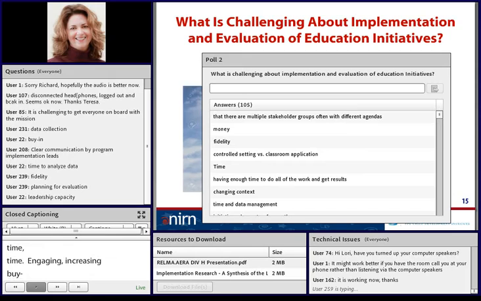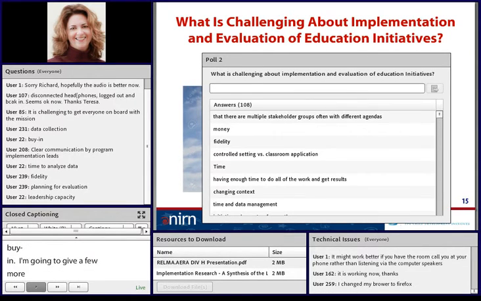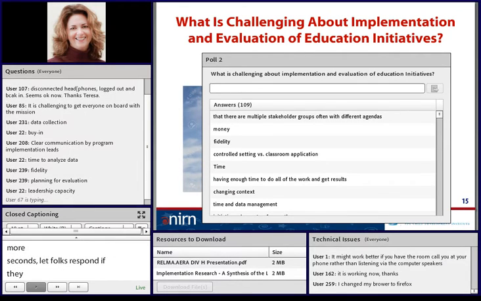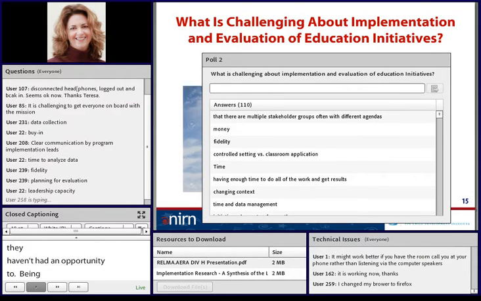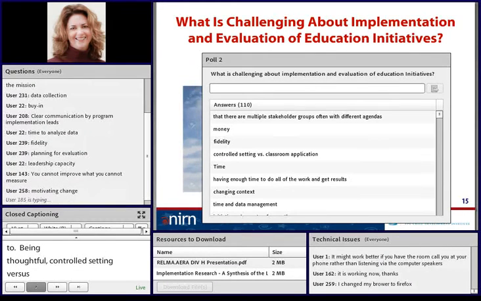I'm going to give just a few more seconds to let folks respond if they haven't had an opportunity to. Being thoughtful. Controlled setting versus classroom application. Money. Yep. You guys are hitting on some big ones.